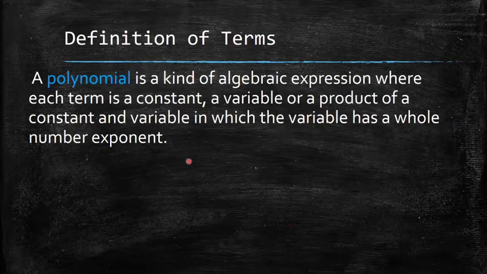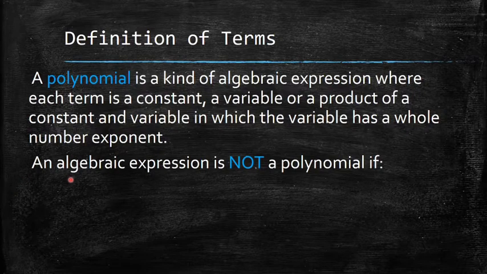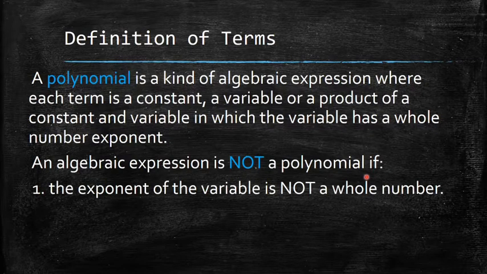So, what is a polynomial? A polynomial is a kind of algebraic expression where each term is a constant, a variable, or a product of a constant and variable in which the variable has a whole number exponent. Meaning, an algebraic expression is not a polynomial if, number one, the exponent of the variable is not a whole number.